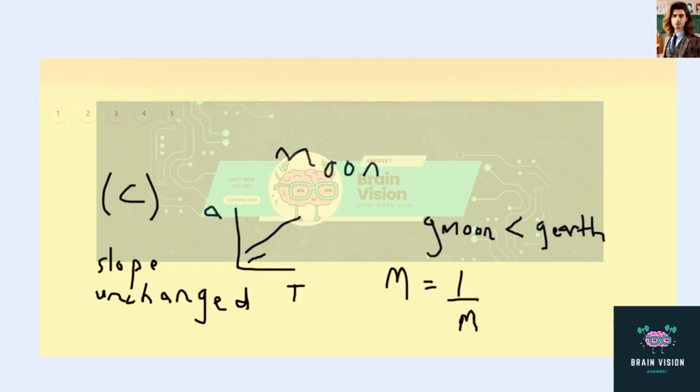The slope's going to be the same, but it's going to be further down. So Earth experiment, if we label our data lines, the Earth one would be on top, the Moon one with the same slope, but just shifted down, since b decreases. And that's the problem.